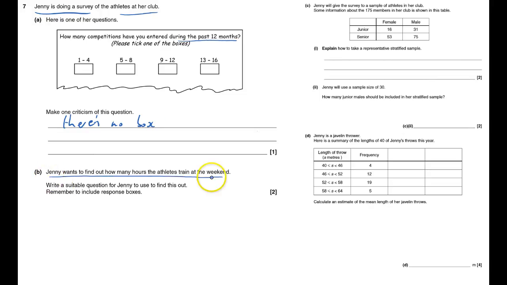Second part, she wants to find how many hours the athletes train at the weekend. Well, how about: how many hours do you train at the weekend? That's pretty obvious. But you also have to include the response boxes, even if it doesn't say that.